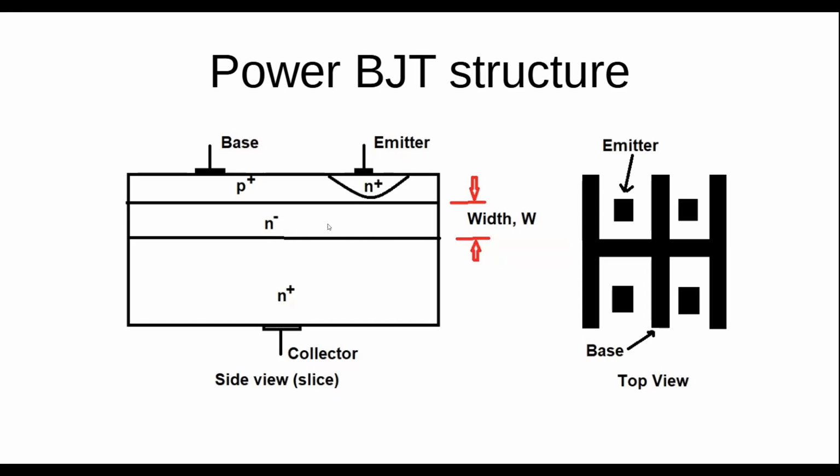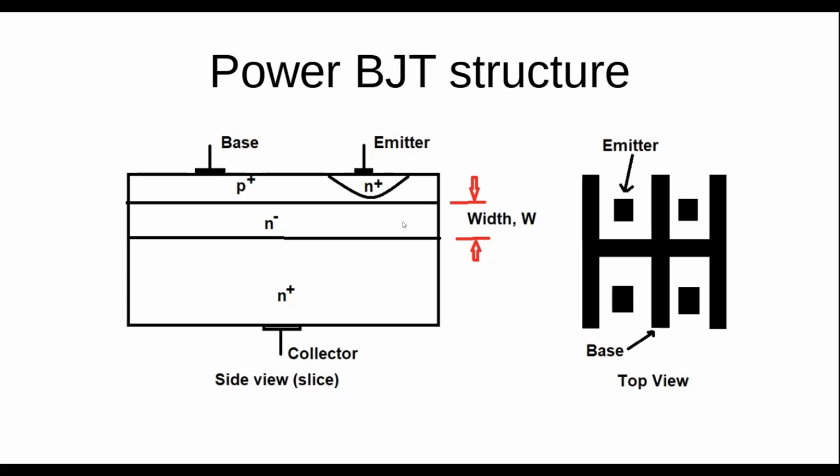On the other hand, if I'm in quasi-saturation, then it's not fully on, so I don't have as many electrons in here, which means I have fewer to get rid of, so it won't take as much time. That's one simple way to think about it.